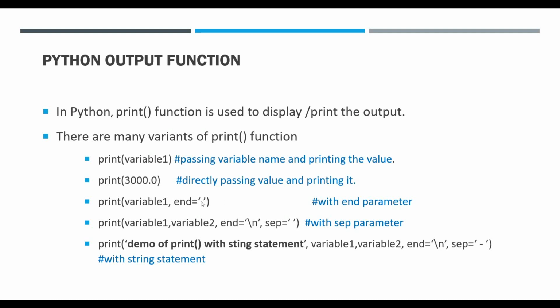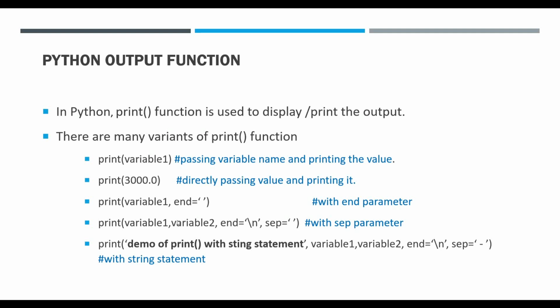Whereas if we use end equals, the next print statement will be printed in line with the previous print statement. That is, this print statement will be printed, and the next print statement will be on the same line. If you provide spaces, then the space will be applied. If you use a new line character inside these single quotes, then the next print statement will be printed in the next line.